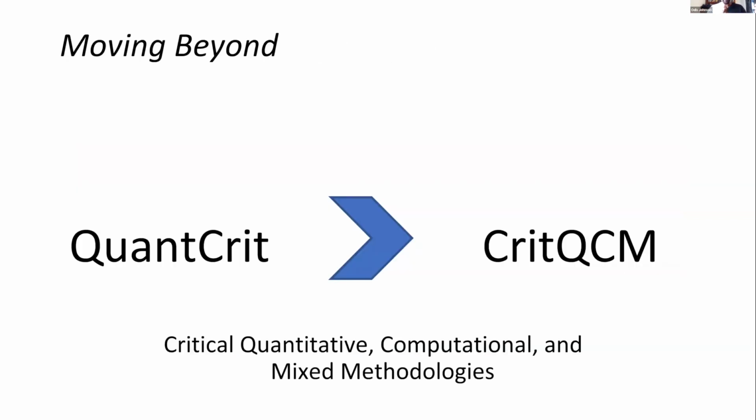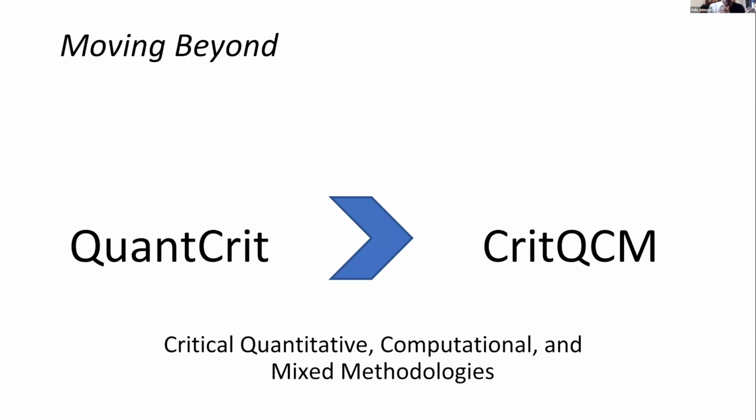So when I think about critical methodology, a lot of you may have heard about QuantCrit or CritQuant, which is more of a movement within research that suggests we should be thinking about how our science occasions power and at points perpetuates marginalization.